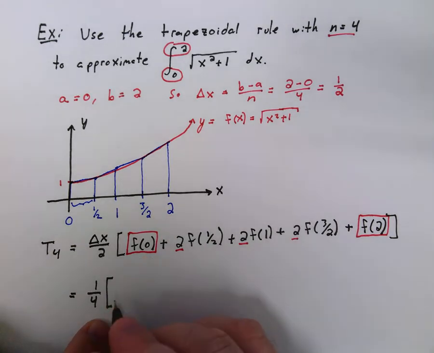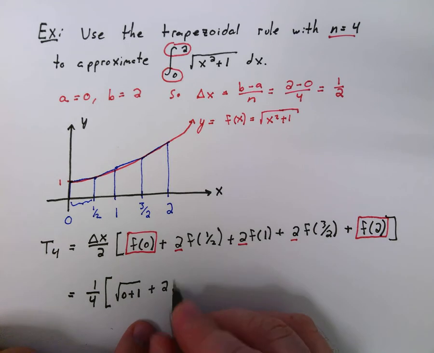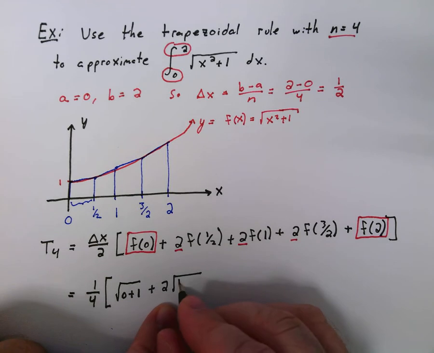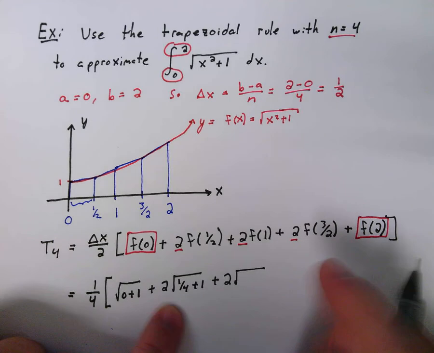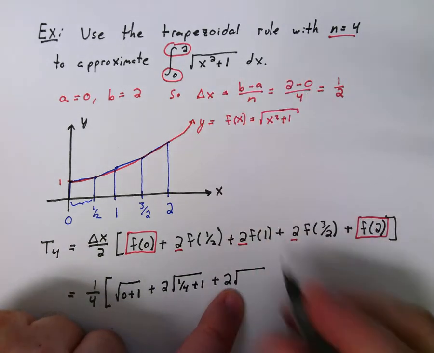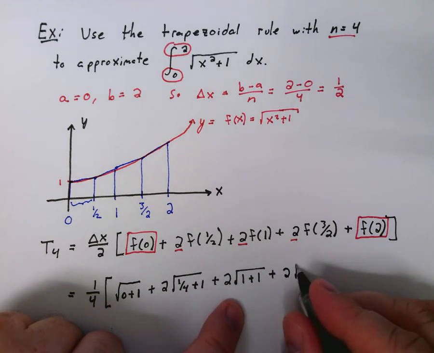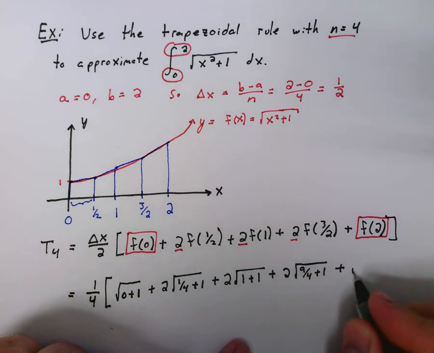The f of 0 is going to be the square root of 0 plus 1, plus 2 times the square root of, and f of 1/2 is going to be 1/4 plus 1, plus 2 times the square root of 1 plus 1, that's going to give me 2, plus 2 times the square root of 3/2 squared, that's 9/4, plus 1, plus the square root of 5.